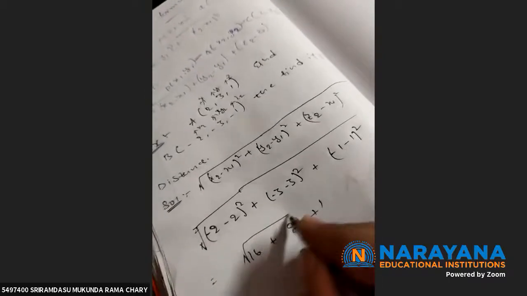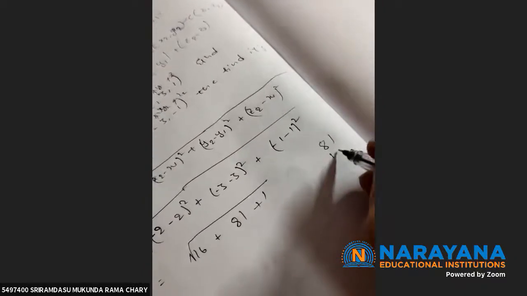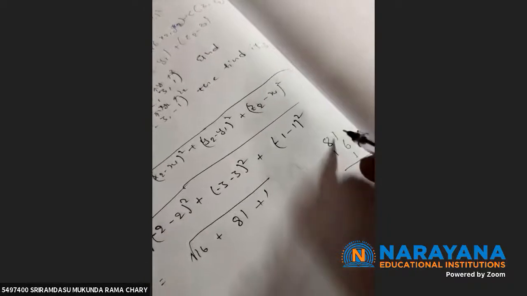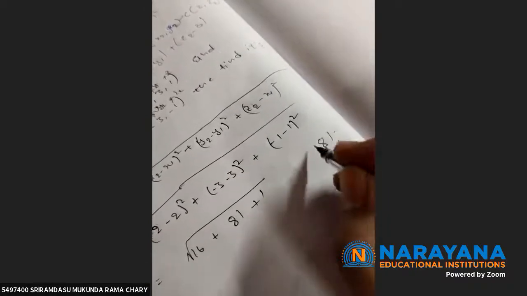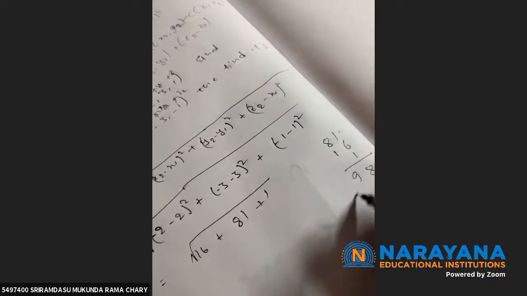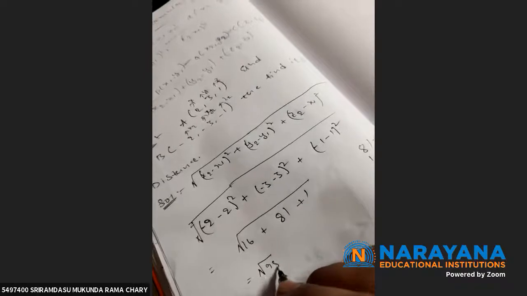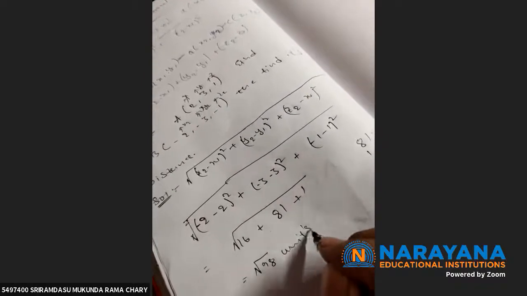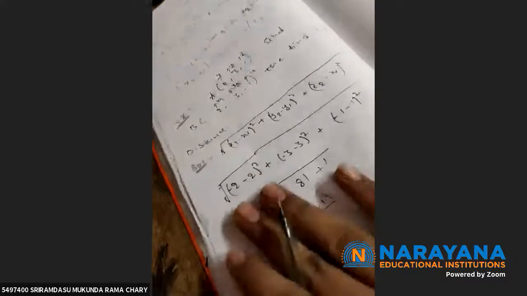So root of 81 plus 16 plus 1 equals 98, so the distance is root 98 units. This is not an area, that's why we did not write square units.